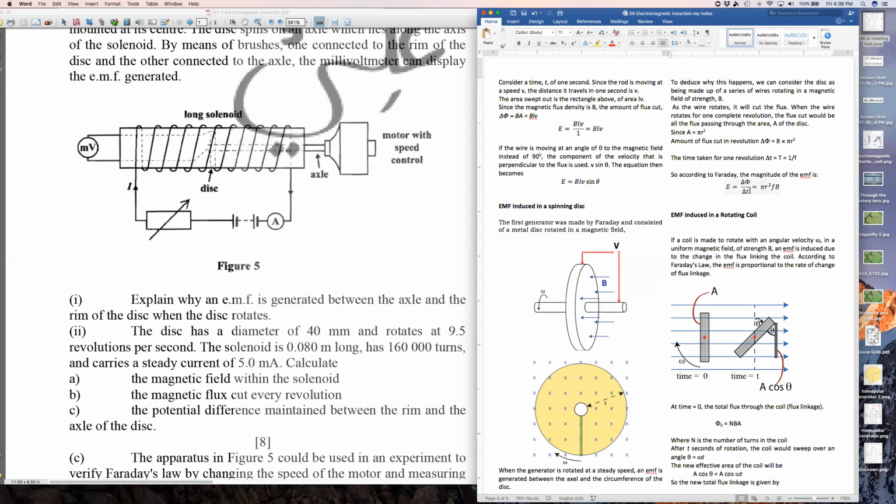The denominator is the time taken for this strand to move all the way around and come back to where it started. That time is also known as the periodic time of the revolution, and periodic time is the reciprocal of the frequency. When you put these two equations together, this is what you end up with. That's simple. Nobody unclear on that? No problems. That's the derivation.